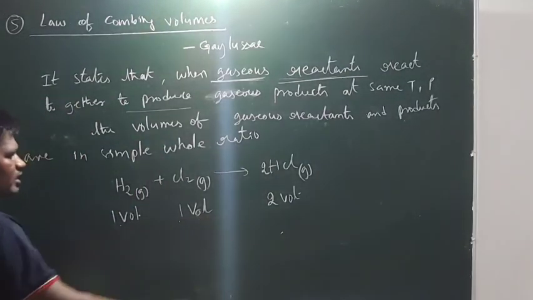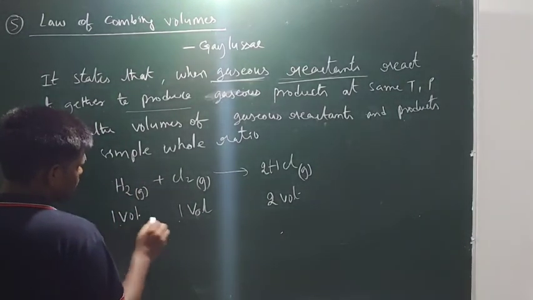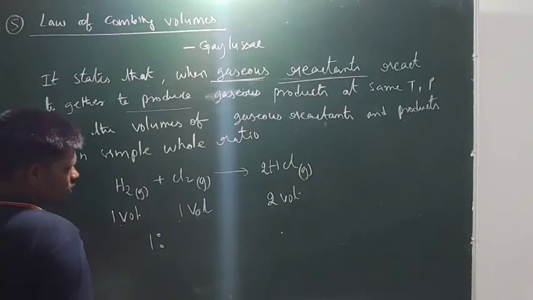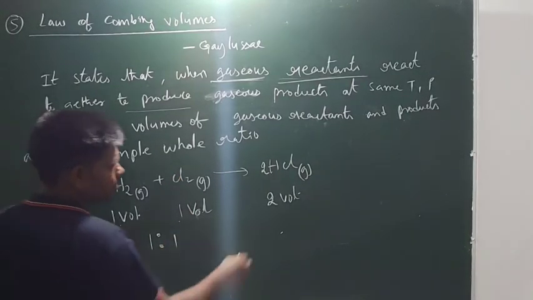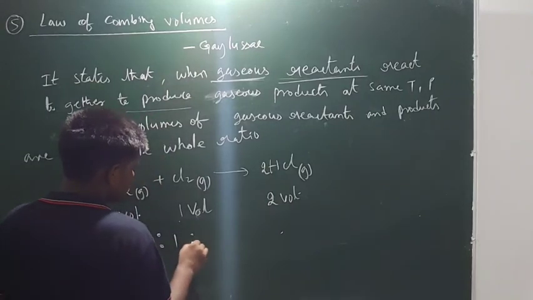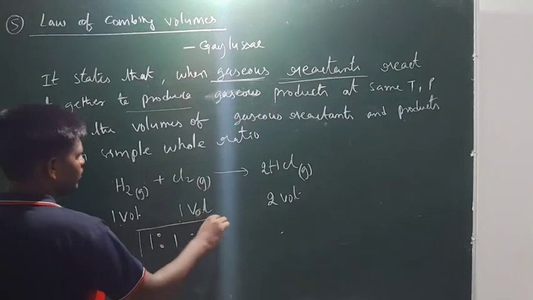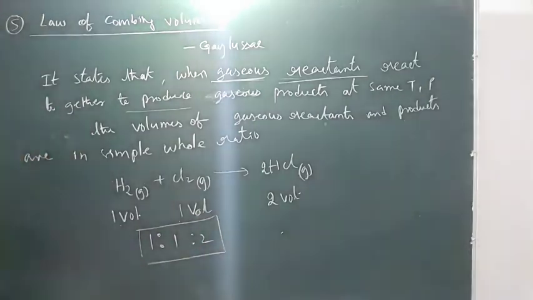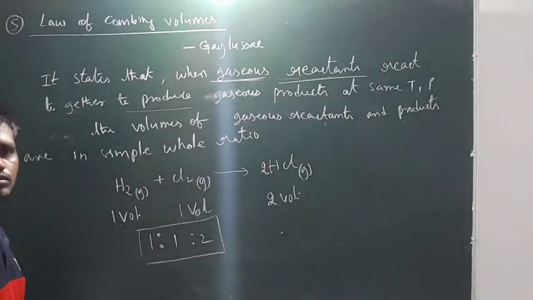So now let us take the volume ratio. The volume of hydrogen is 1, the volume of chlorine is 1, and the volume of hydrochloric acid is 2. You see, the volumes of hydrogen, chlorine and hydrochloric acid are in a simple ratio.